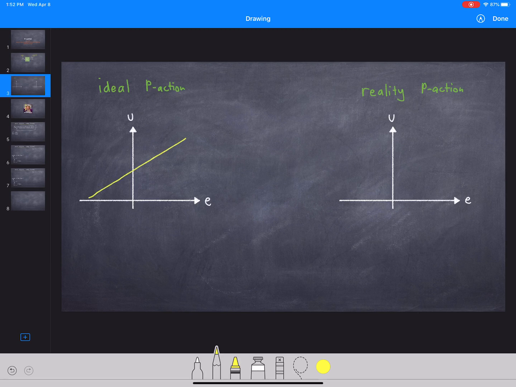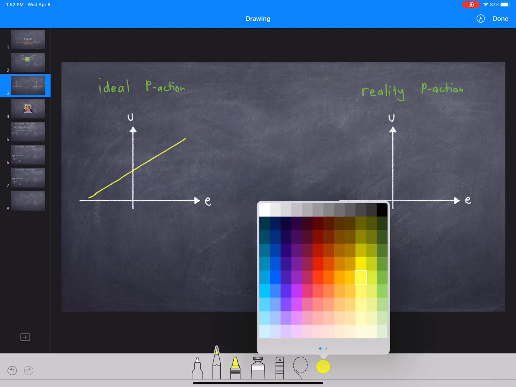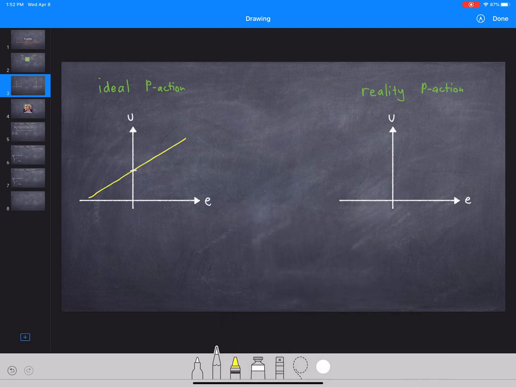Okay, so this here is when the error is 0, the controller action is U bar, right? That's the bias. And as the error increases, the controller output increases as well. And the slope of this line is Kc, right?